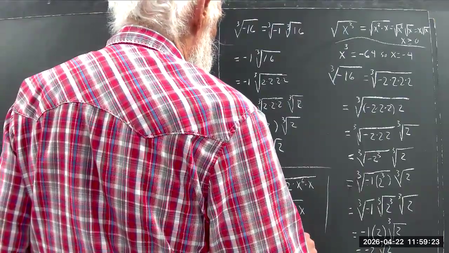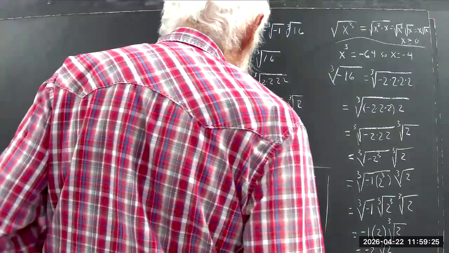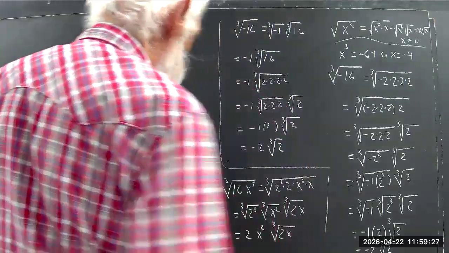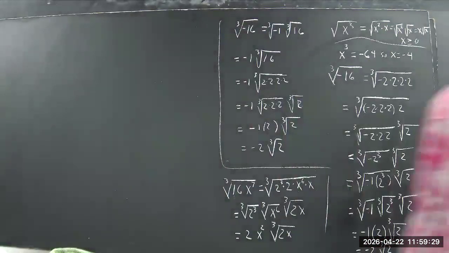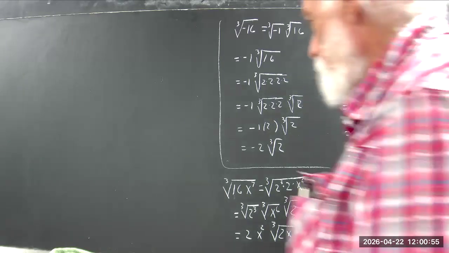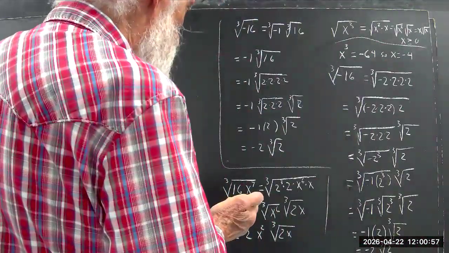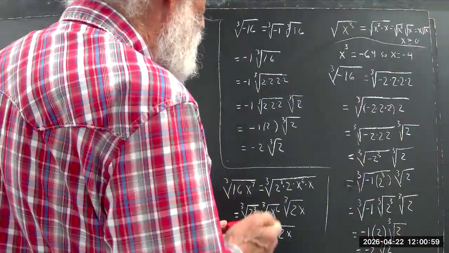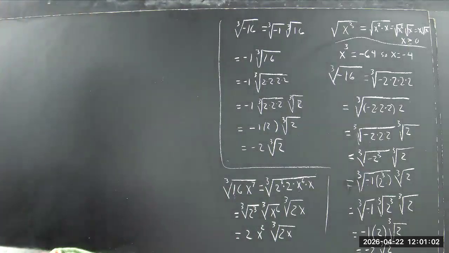And here you have the cube root of 2x. I'm going to pause for a minute. Okay, hopefully you have the basic idea.